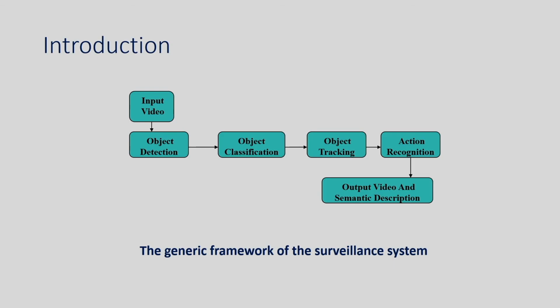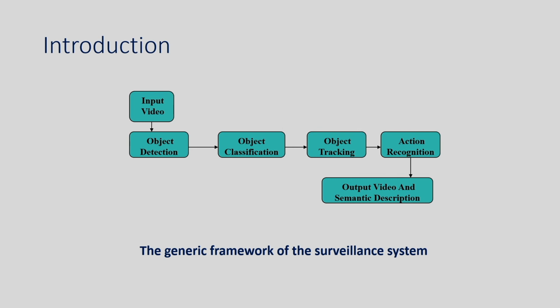So, let us see what is object tracking. In my last class, I discussed the concept of the video surveillance system. In this block diagram, I have shown the generic framework of a video surveillance system. You can see here the input video is available, that can be captured by the camera.